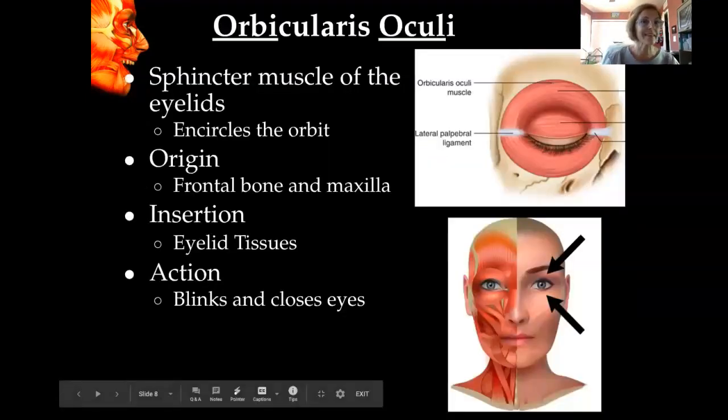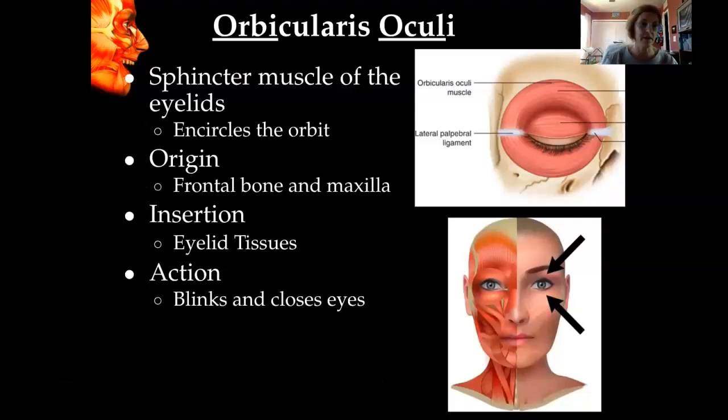Orbicularis is orbiting the eye or orbiting the mouth, another orbicularis. So this is a sphincter muscle. Sphincter muscles, they are circular muscles that regulate openings. So in this case, we can see the muscle is encircling the eye and the eyelid, right? So when this muscle tightens, it closes the eye.